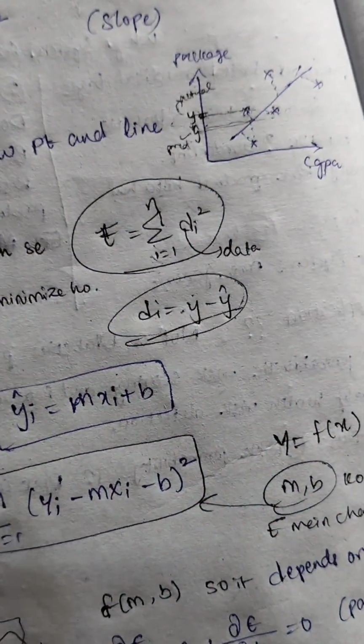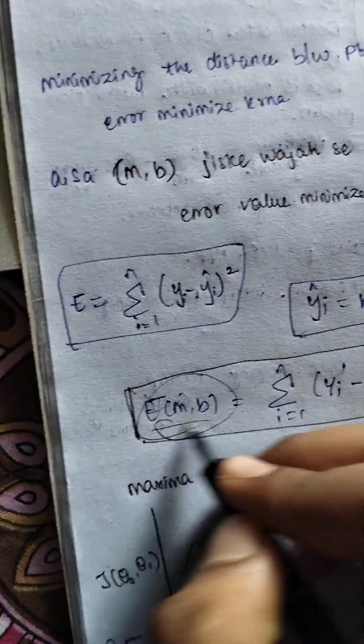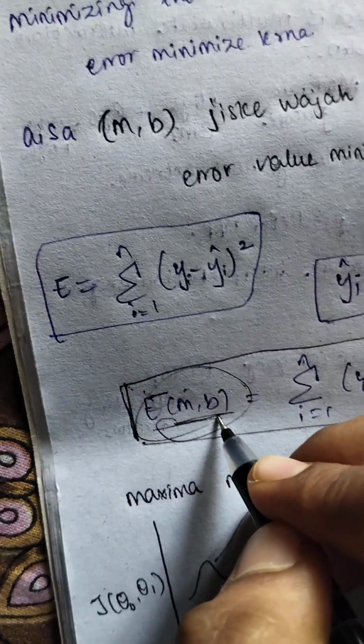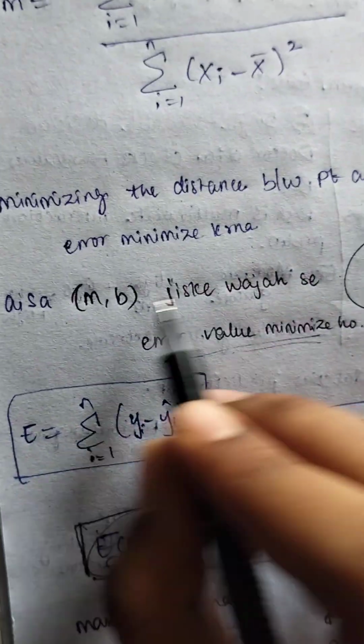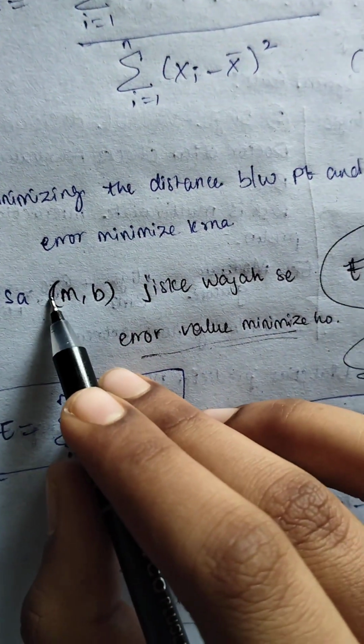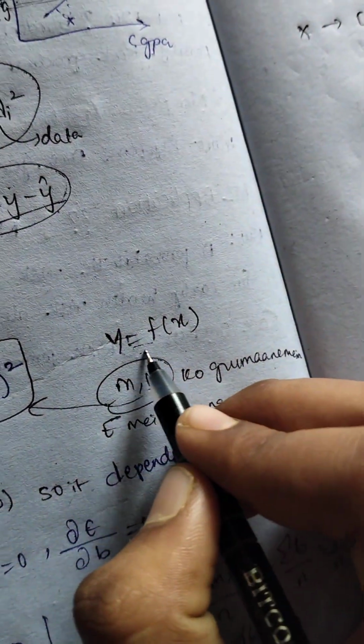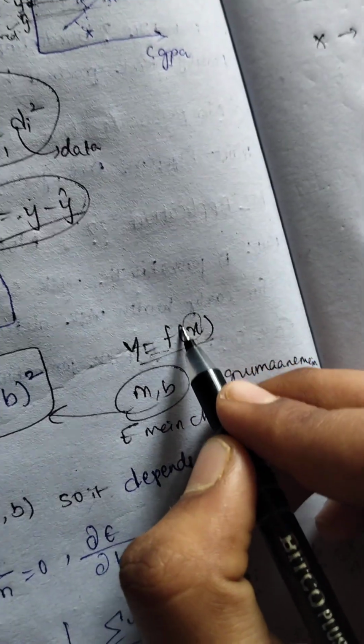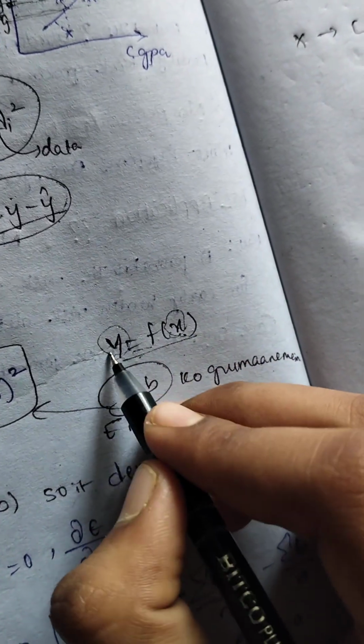So our goal is to find the minimum of J of m comma b, that means the minimum error as a function of m and b. For example, we take y is equal to f of x, which means if x changes, then the y value also changes.